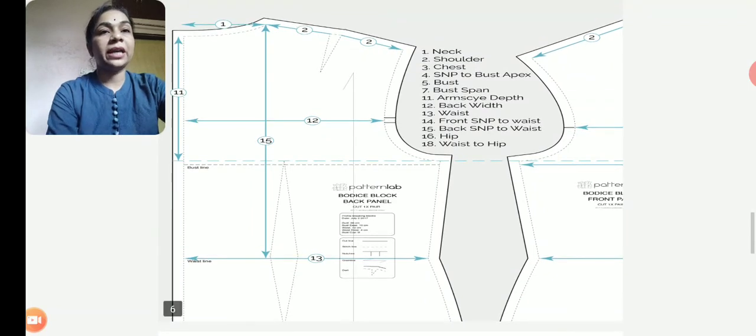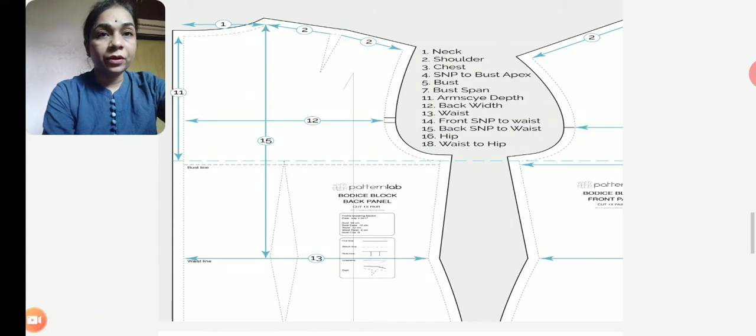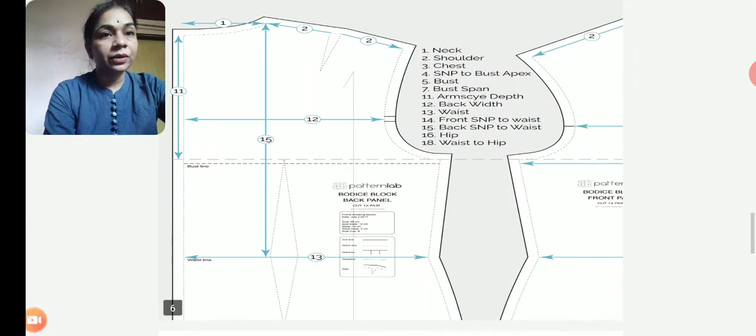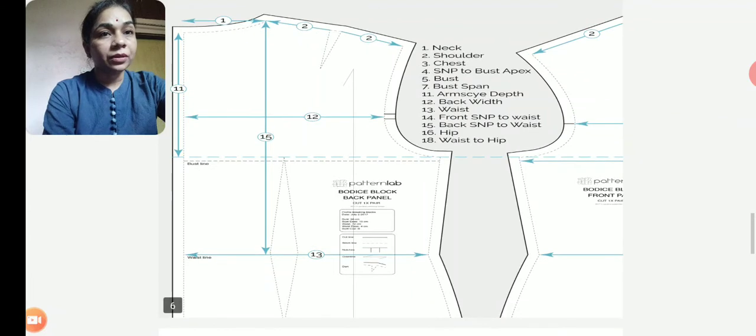First is neck, here on 1.1. Second point is shoulder. Third point is chest. Fourth point is SNP to bust apex. Fifth point is bust. Seventh point is bust span.